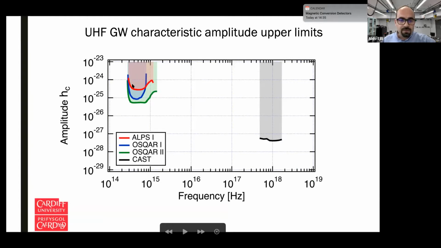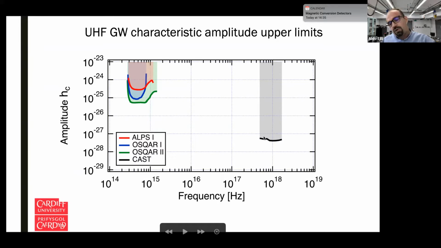As you can see here, these upper limits are at high frequency, optical frequency, with these three experiments, and the best upper limit is OSQAR, because OSQAR used these CERN magnets where you have a high field of 9 Tesla and it's longer. For that reason, it's better with respect to the others.